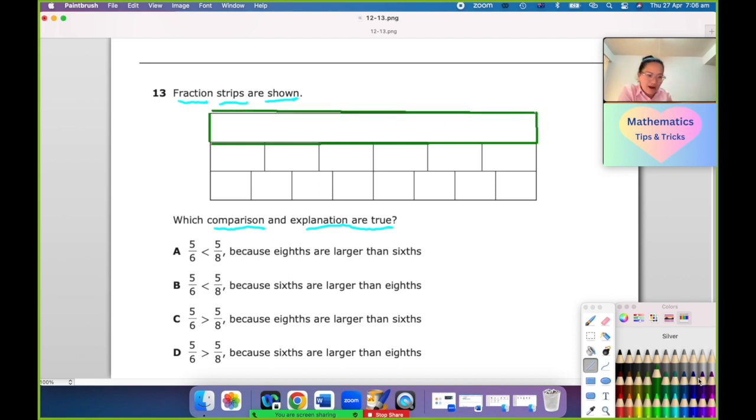The second one, they divided it into 1, 2, 3, 4, 5, 6, right? And then the last one, how many parts did they divide it into?